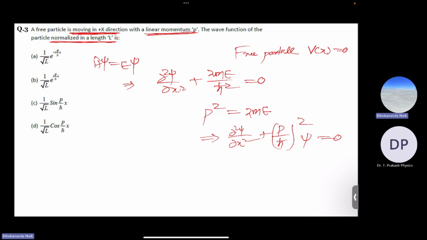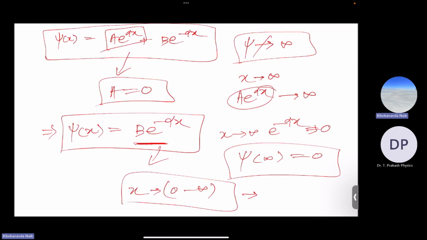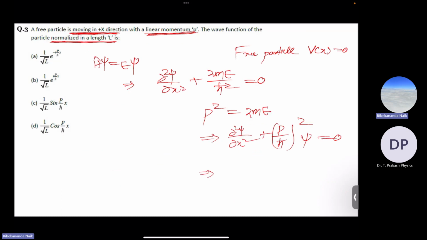In the previous question it was d square minus alpha square, but here it is d square plus alpha square psi equals 0. Here alpha is p by h cross. So what will be the solution of this equation?